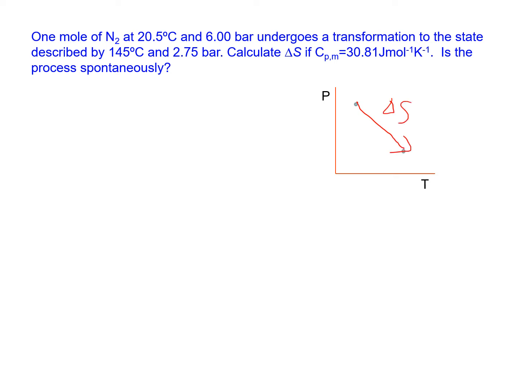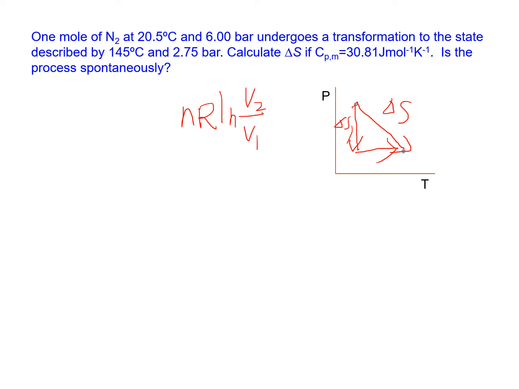Remember, entropy is a state function, so we can design a path and we can calculate entropy for each step. So in step 1, the temperature is constant, and we have learned that for isothermal compression or expansion, the entropy is calculated by nR ln V2 over V1.